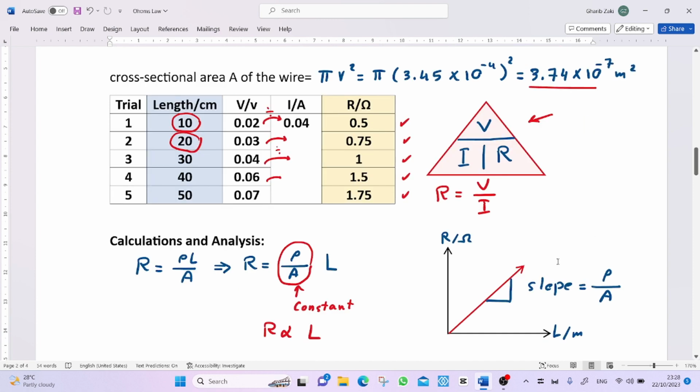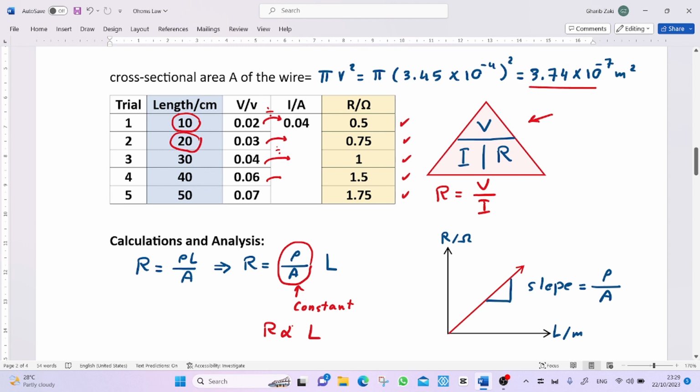Calculations and analysis. We know that R, the resistance, equals rho L over A, where rho is the resistivity, L is the length in meter, A is the cross-section area. Then we can rewrite it as R equals rho over A times L. Rho is constant for the wire, and the cross-section area also is constant.